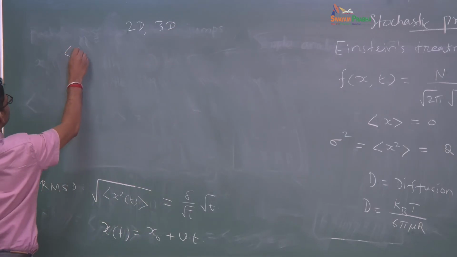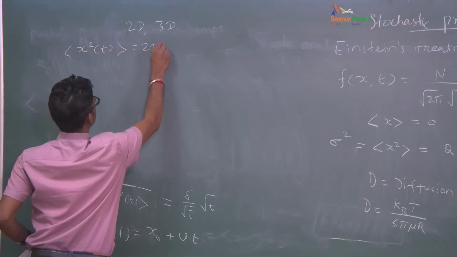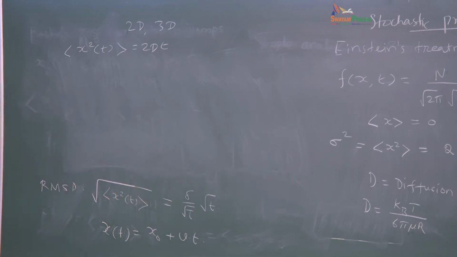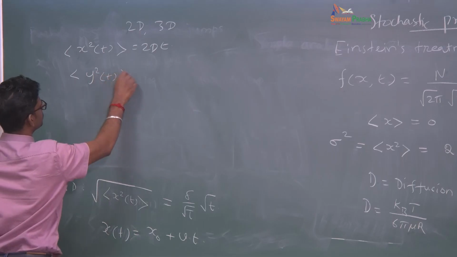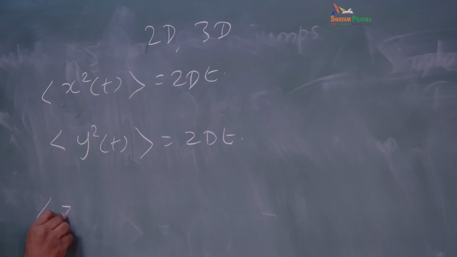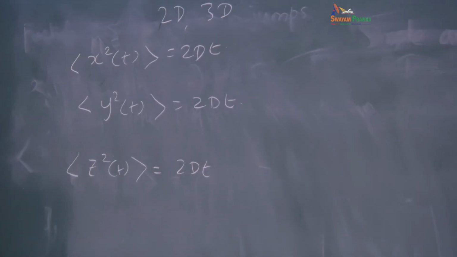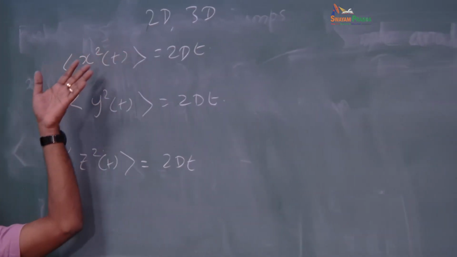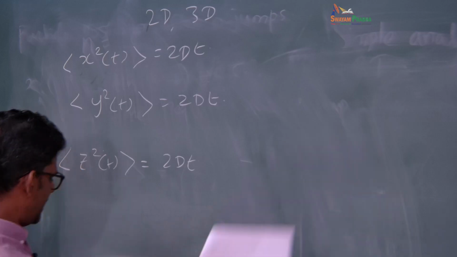For example, this is the x component. Similarly, you can write for the y component also. The one component I assumed need not be x. I could have done the same thing with y and z, and I would have got exactly the same results.